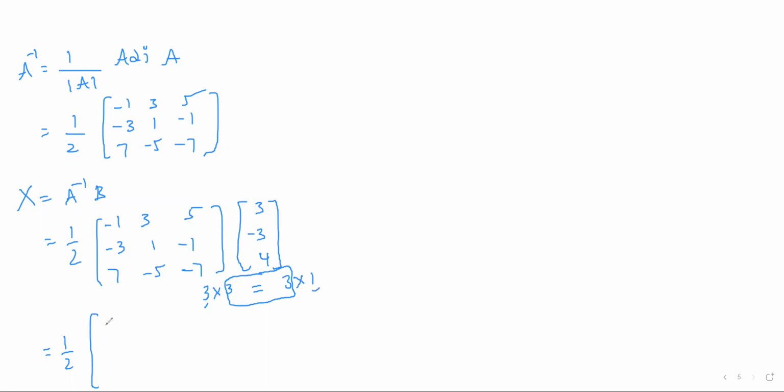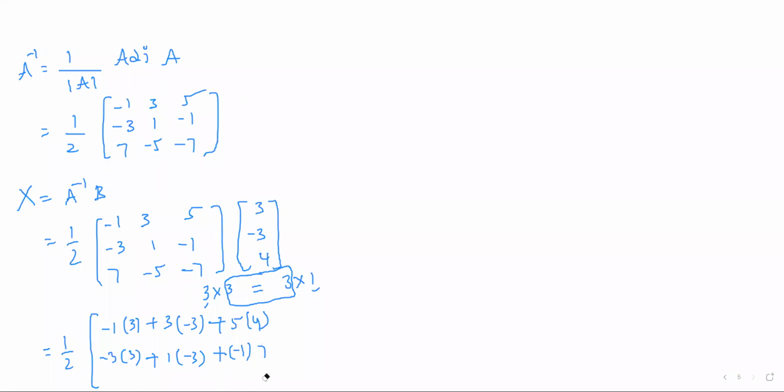Okay, minus 1 into 3 plus 3 into minus 3 plus 5 into 4. నెక్స్ట్ ఫస్ట్ రో ఫస్ట్ కాలమ్ అయిపోయింది. ఫస్ట్ రో సెకండ్ కాలమ్, థర్డ్ కాలమ్ చేయడానికి కాలమ్స్ లేవుగా. So then you may go for second row first column: minus 3 into 3 plus 1 into minus 3 plus minus 1 into 4.